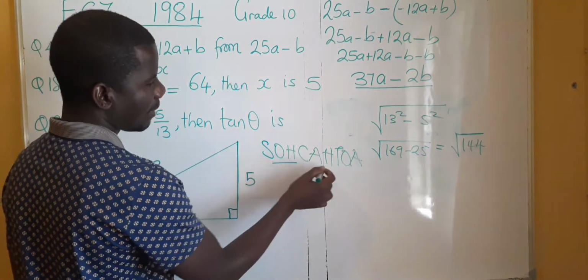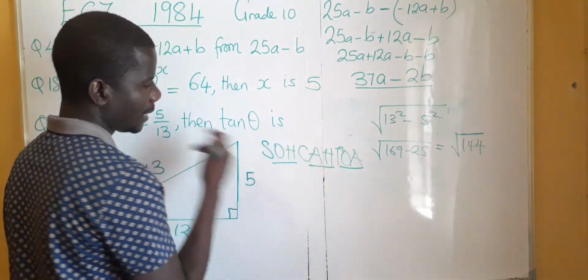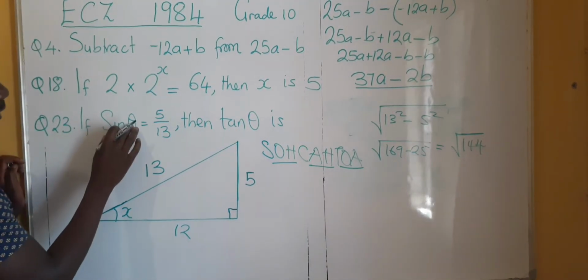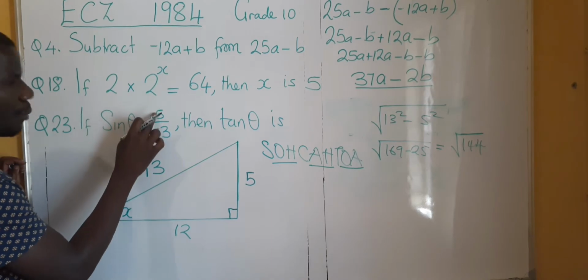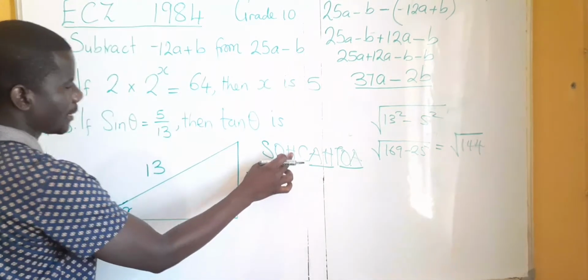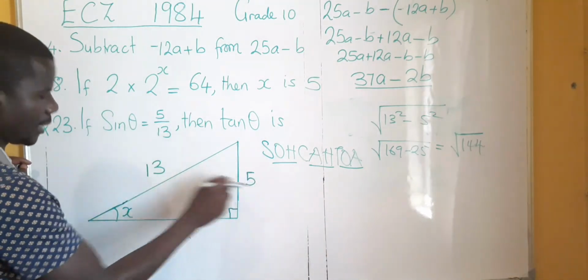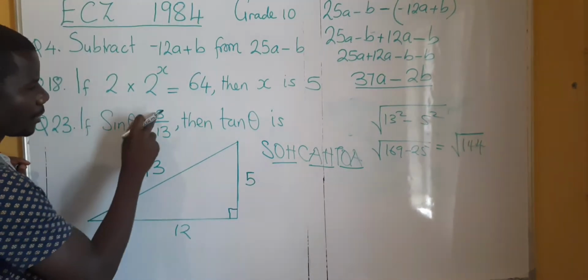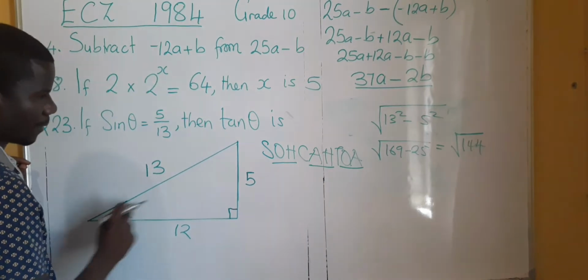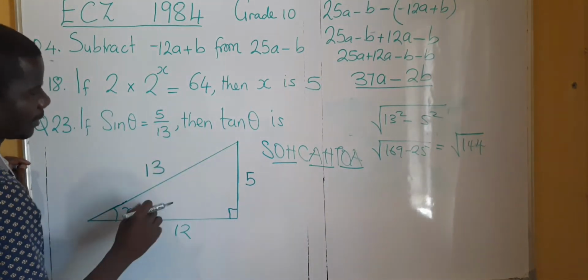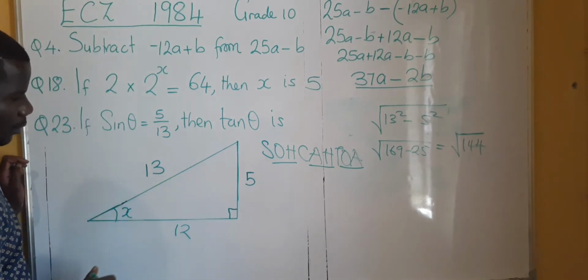This is for the sine, for the cos, and for the tangent. So sine is equal to the opposite over hypotenuse. The opposite to this angle here is 5 over the hypotenuse, the longest side. That is what we're going to get.